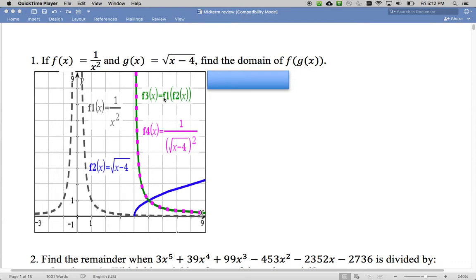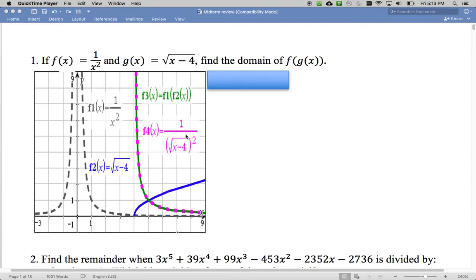One way, because I did f of x here, is I tell the calculator to make a composite of f1 of f2 of x, which is the same thing as f of g of x. That's the green line back here.